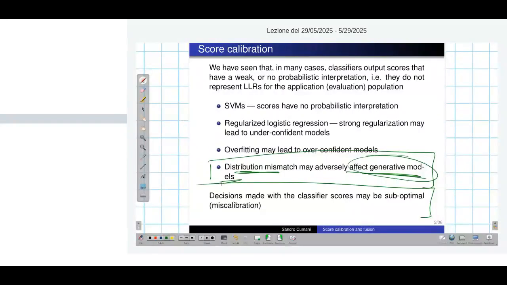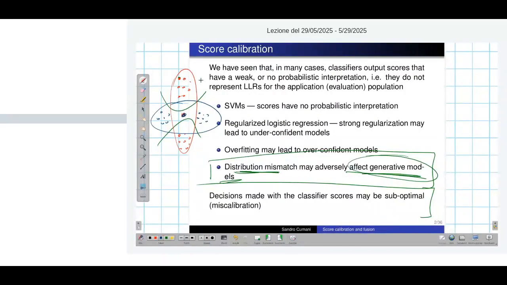You have seen, for example, that the Gaussian model for the project data is able to discriminate well the samples of two classes arranged in this way, but this is an example of a generative model that is not well suited for this data. The generative model that we find will provide high density regions in this area where there are no samples, and where there are samples, our model will not be well matching the distribution of the scores.